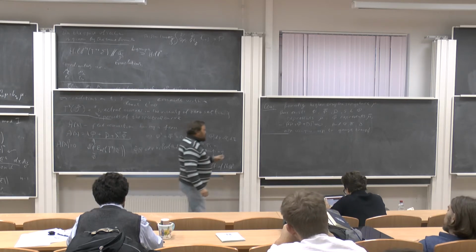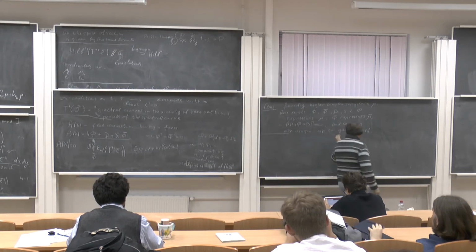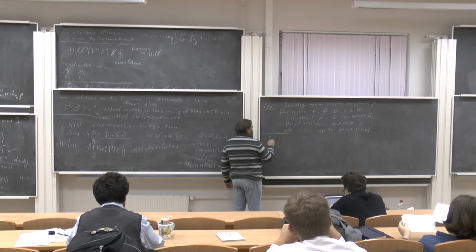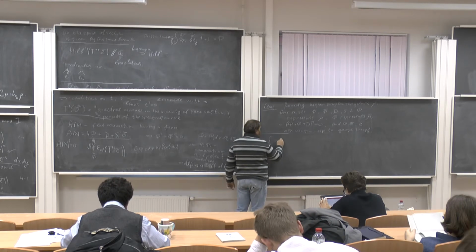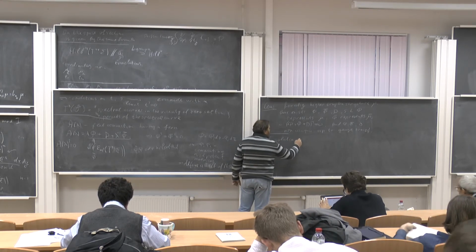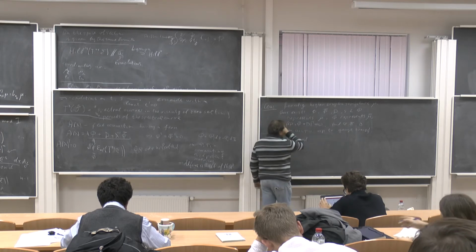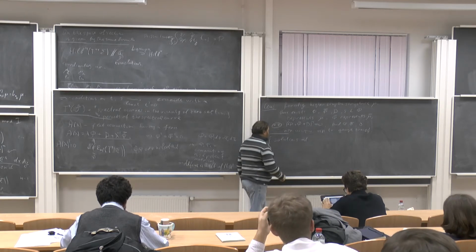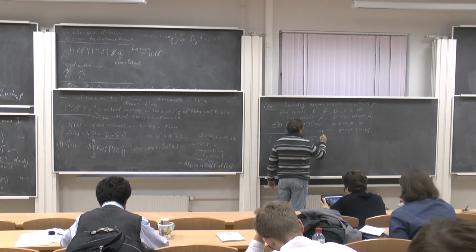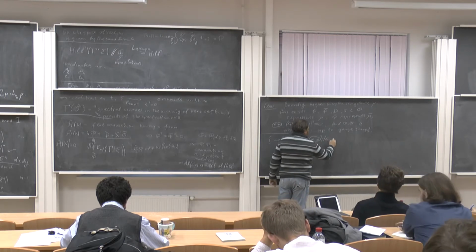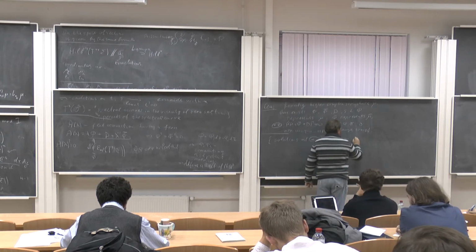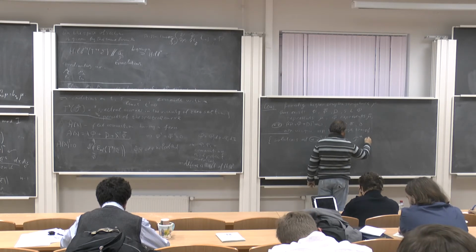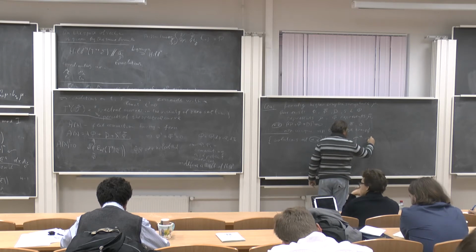So I want to construct the following map. I want, for any solution of this equation, a modular gauge transformation, which is mapped to T star of T at the end.